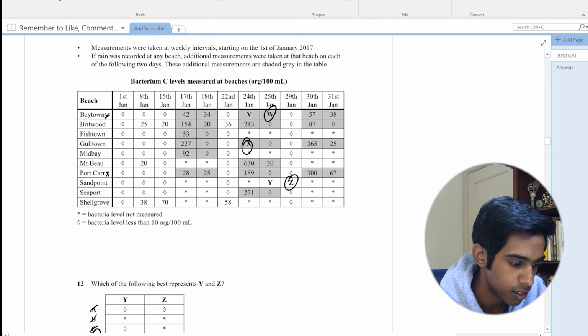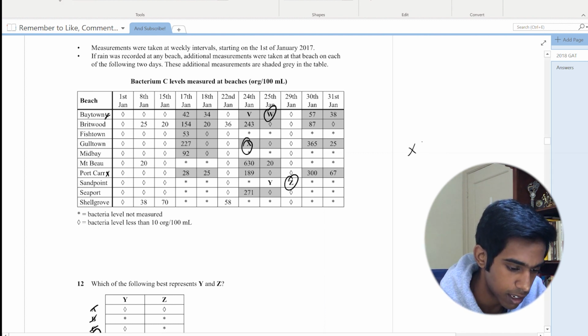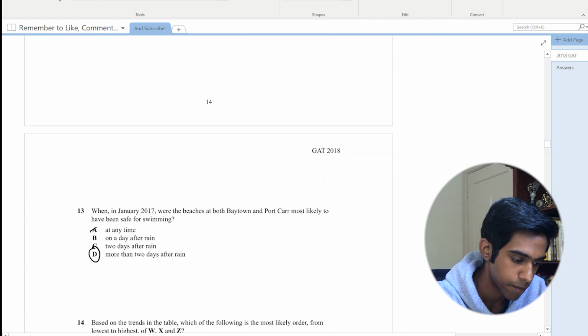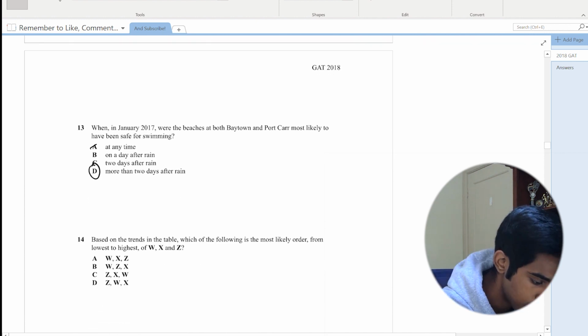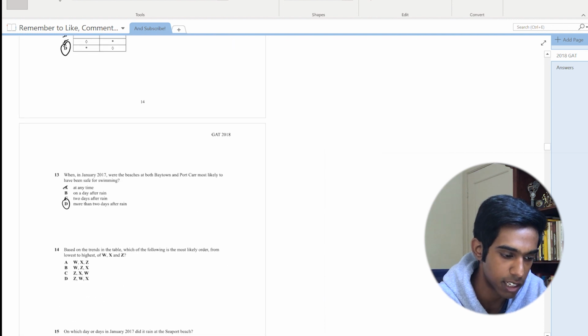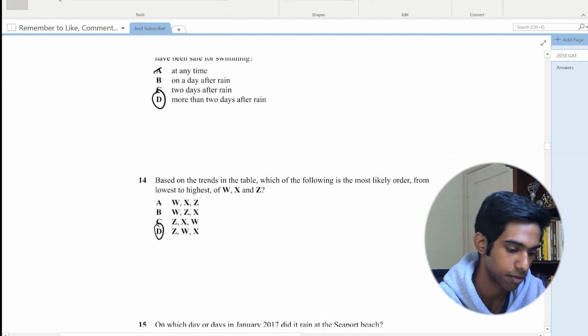And then in Baytown, it also seems to be intermediate. So I'd say that X is greater than W is greater than Z. Oh, lowest to highest. So that would be ZWX, which is D.